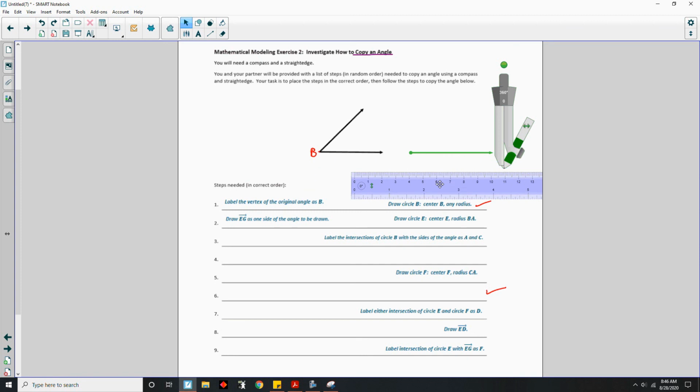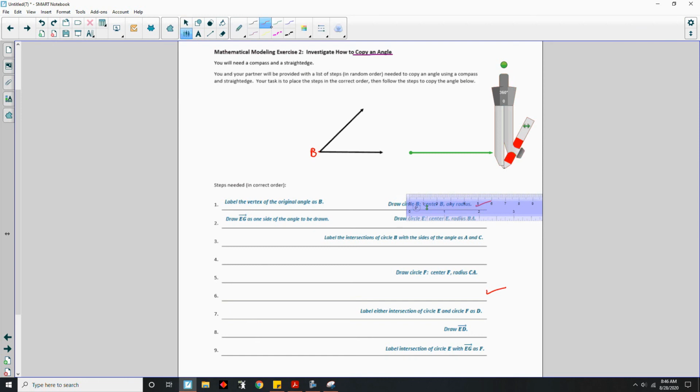You would take your straight edge, put it on your paper, put a dot, and draw a line segment, or a ray, I should say, going one way, and put an arrow on the end. All right, I did it using technology. So there's my ray, and it's called EG. E is my starting point, G is somewhere else on the ray. So here's E, and then G is somewhere else. So I drew EG. All right, so I've labeled the original angle. I've drawn a ray.